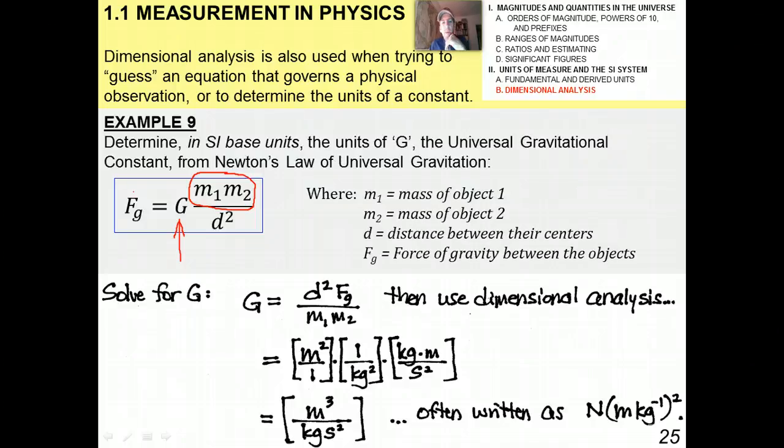Then what I'll do is with this, I'm going to use dimensional analysis as follows. My d squared is a meter squared over 1. This is d squared right here, times 1 over m1 times m2. So that's 1 over a kilogram squared times a newton, which we saw in that previous slide is a kilogram meter per second squared.